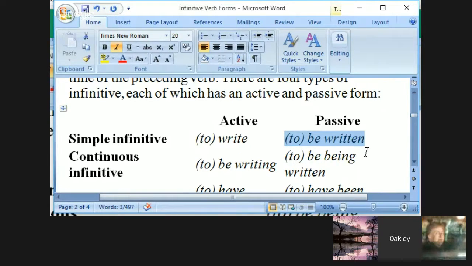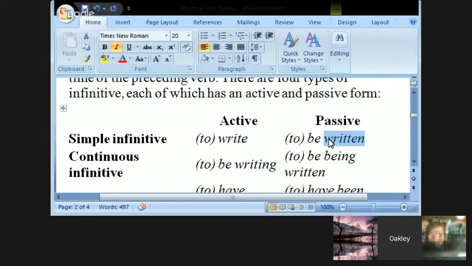All of the passive forms, just as in all passive verb tenses, always, whether it's a verb tense like present perfect tense or future simple, it really doesn't matter. All passive verb tenses, the past participle of the verb is used. Same thing when we're looking at passive infinitives.